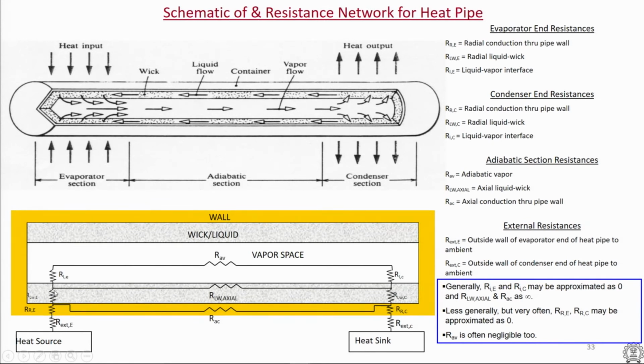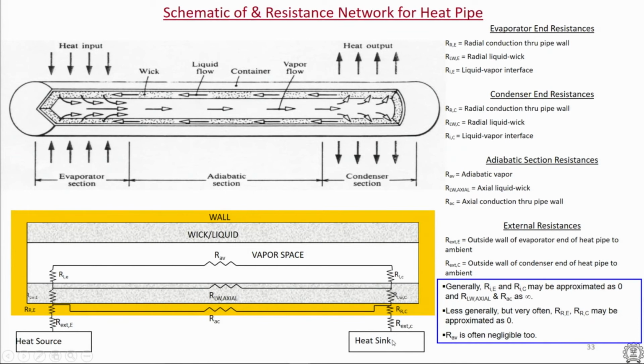Then there is a resistance in the wick, axial conduction in the wick as well, and then another resistance from the wick to the vapor, and then from the vapor space there is an additional resistance back to the condenser, vapor to condenser liquid, then the condensing side wick thermal resistance from the wick to the wall, and then to the external part where there is a heat sink.